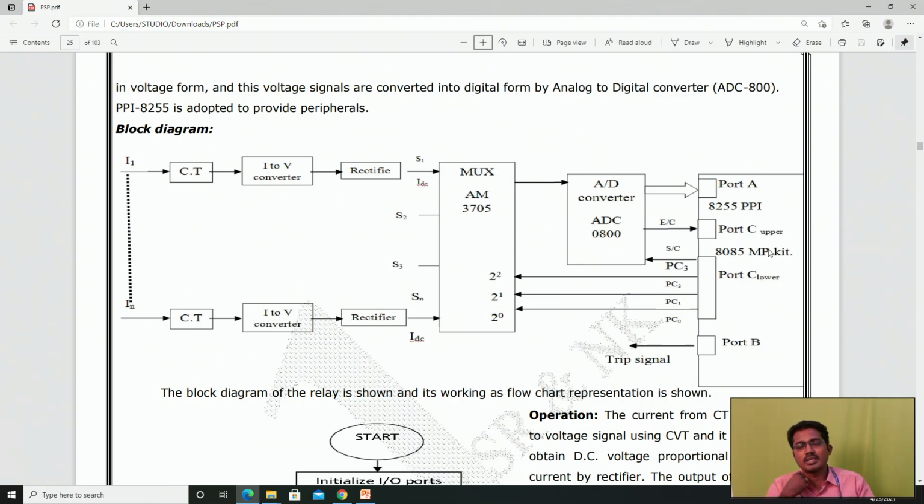When we go for a static relay, we need to put a separate static relay for overcurrent, and a separate static relay for short circuit and distance. In that way we need to go for different cases.